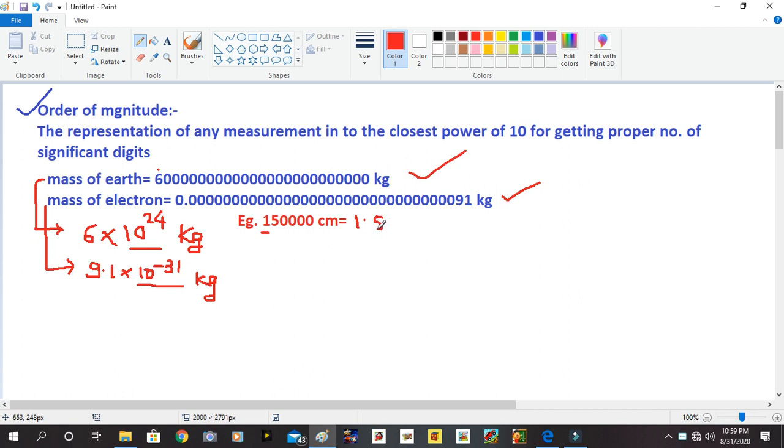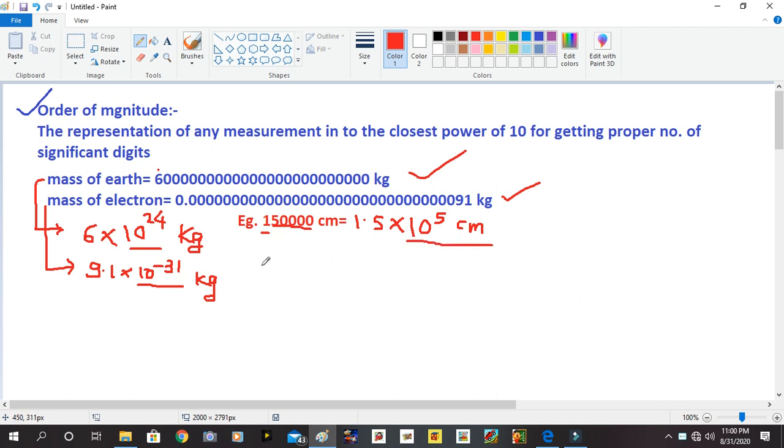But now how many zeros should be there to adjust this? 1, 2, 3, 4 and 5 digits I have to shift. So I can say it will be 1.5 into 10 raised to 5 centimeter. So the order of magnitude of that given calculation is 10 raised to 5 centimeter.